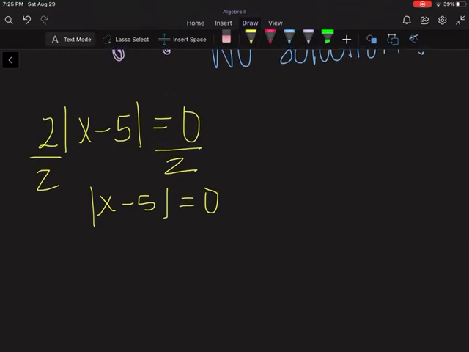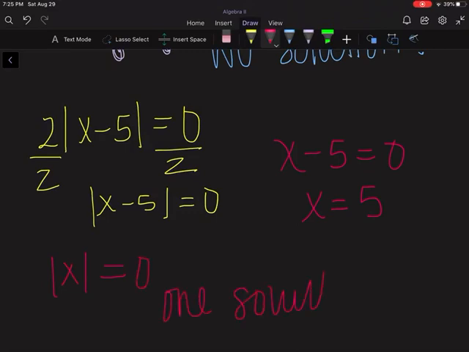There's only 1 number that can be plugged into that to make it 0, right? So that's x minus 5 is equal to 0. X is equal to 5. So anytime an absolute value is set equal to 0, it's 1 solution. So I put another case in there: 1 solution, no solution, or most of the time it's 2 solutions.